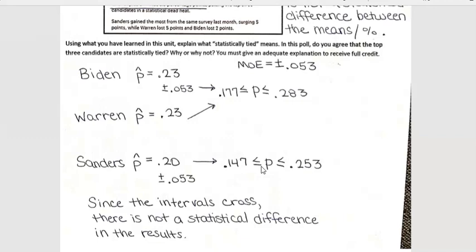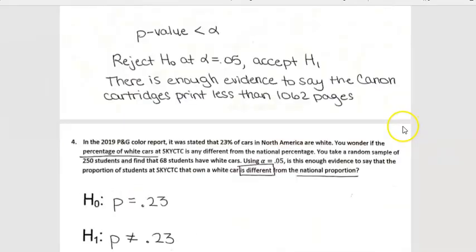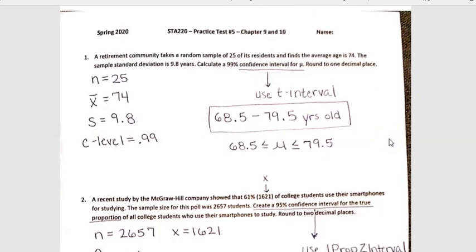So you need a difference that's greater than the margin of error, basically. We would need them to be ahead by 6, 7, 8% to be able to say there is a clear leader, right? All right, so that's all we'll cover in this one because we haven't covered chapter 10 yet.